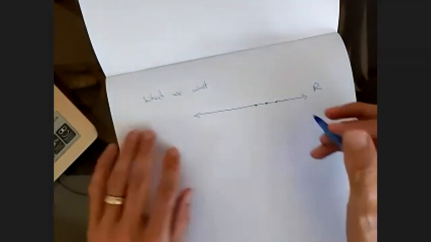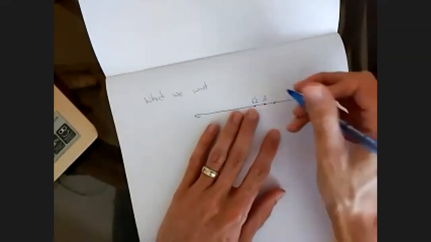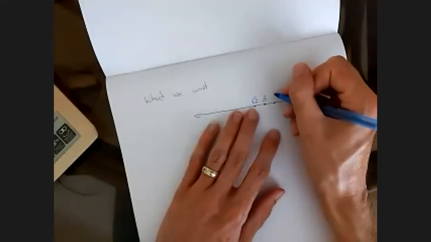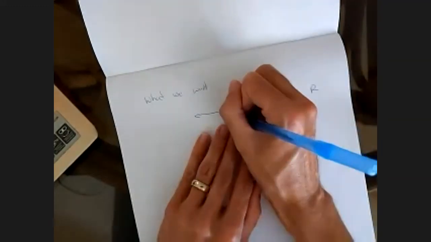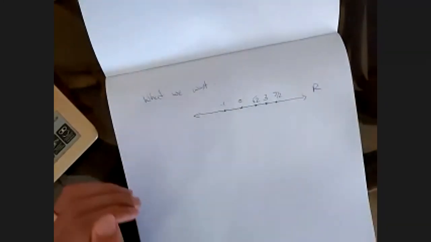So here's square root 2, this is 3, this is 7/2, and so on. And then we also have -1, we have 0, everything good like that.